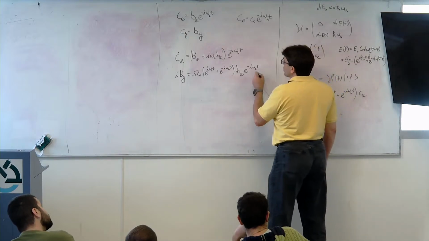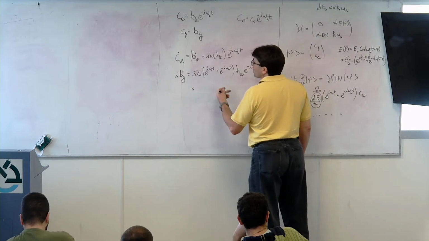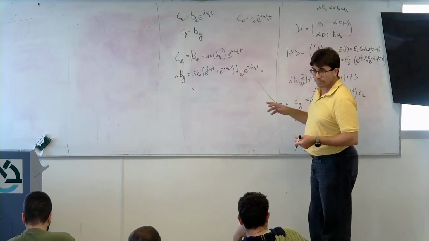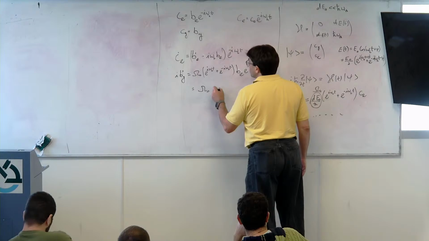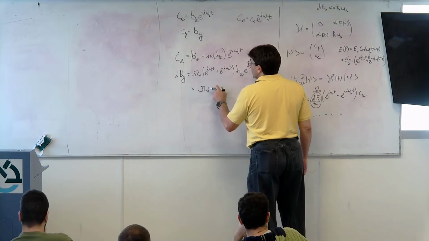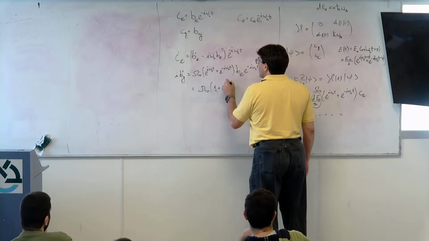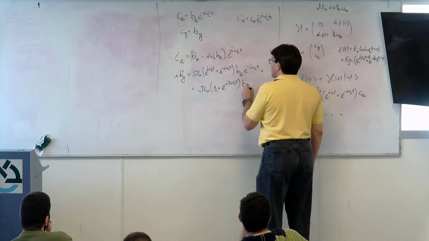So I have here two terms. And the reason I remind you this is because what we're doing now is we're going to throw away the counter-rotating term. What we have is omega 0 times 1 plus e to the i 2 omega laser t times BE.